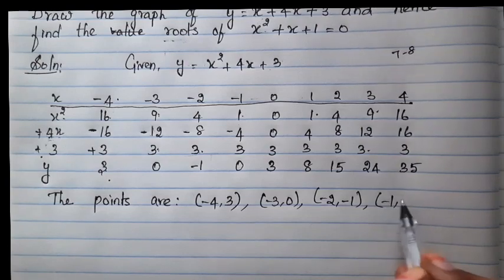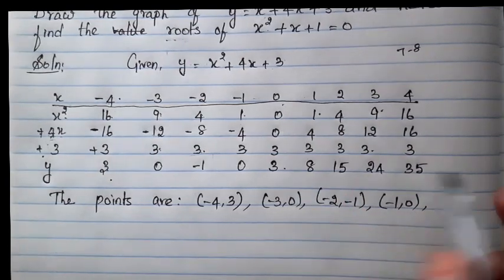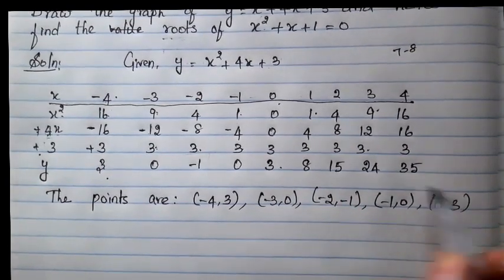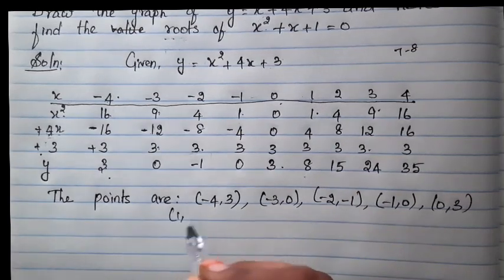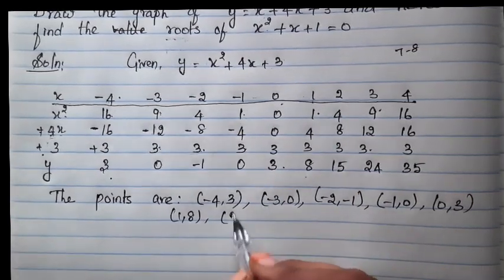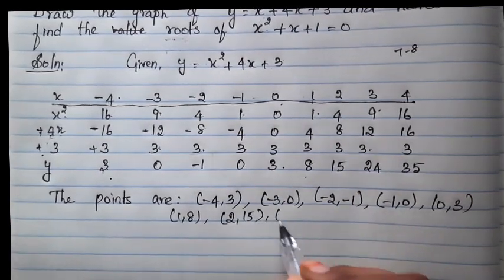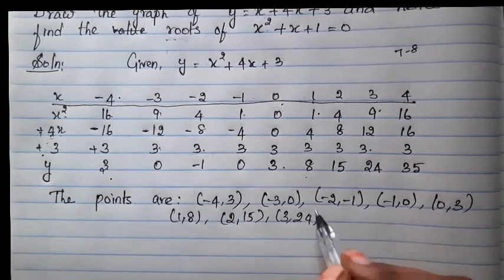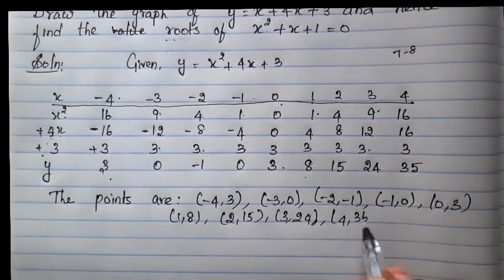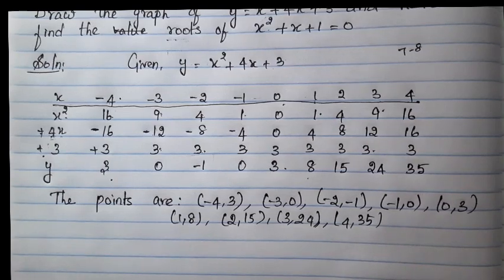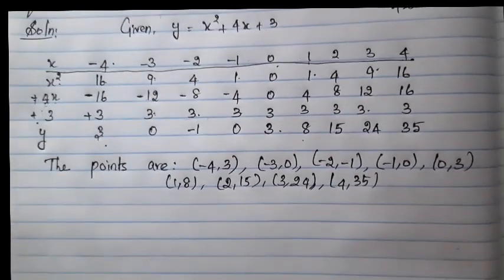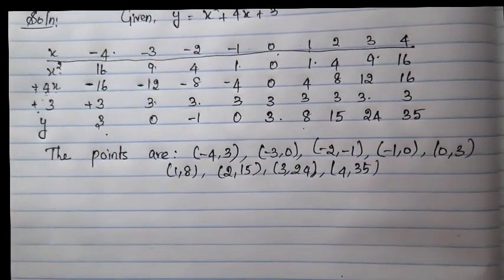So minus 1 comma 0. 0 comma 3. 1 comma 8. 2 comma 15. 3 comma 24. 4 comma 35. This greater value we don't want to plot. If we need after drawing the parabola, just we can check it out after we can draw it.